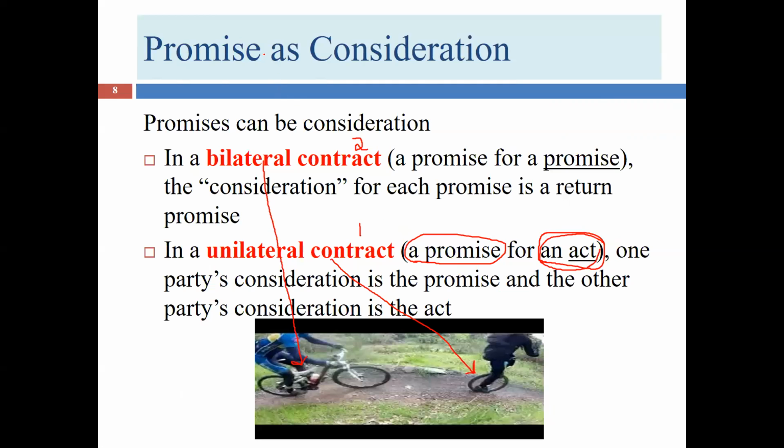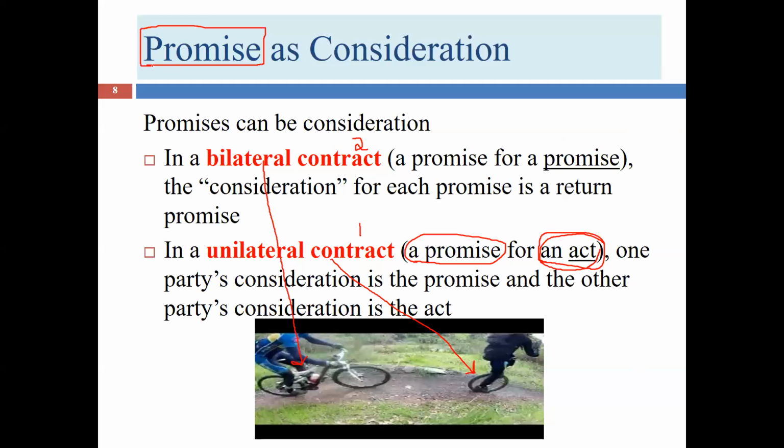So you can see how in most cases, the consideration is going to be the promise, not the actual stuff. And this is in everyday conversation, and I'm sure I've already done this several times, so I apologize for this, but we oftentimes think about the stuff being the consideration. For example, when we say, I promise to give you $1 if you promise to surrender the Coke, most of the time we would say, well, the $1 is the consideration or the Coke is the consideration. But technically, it isn't those 2 items.